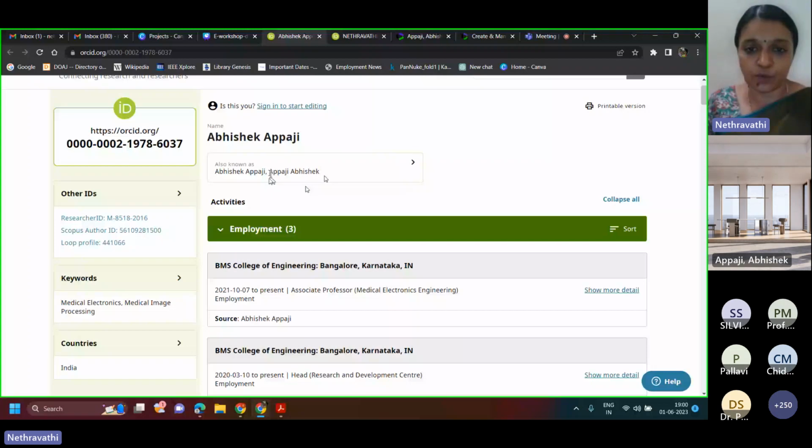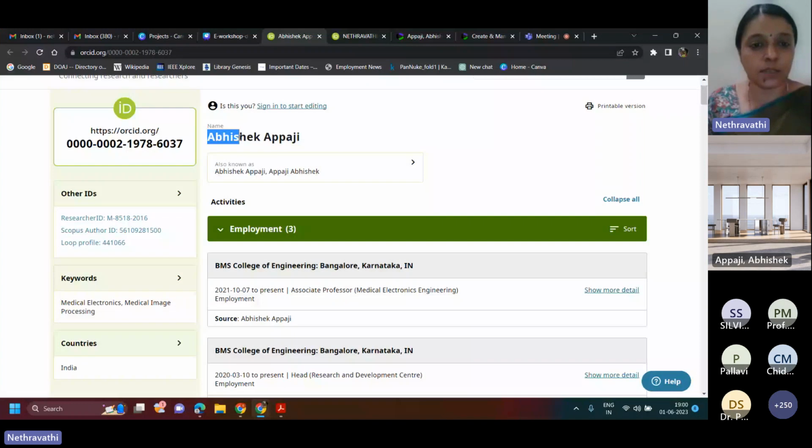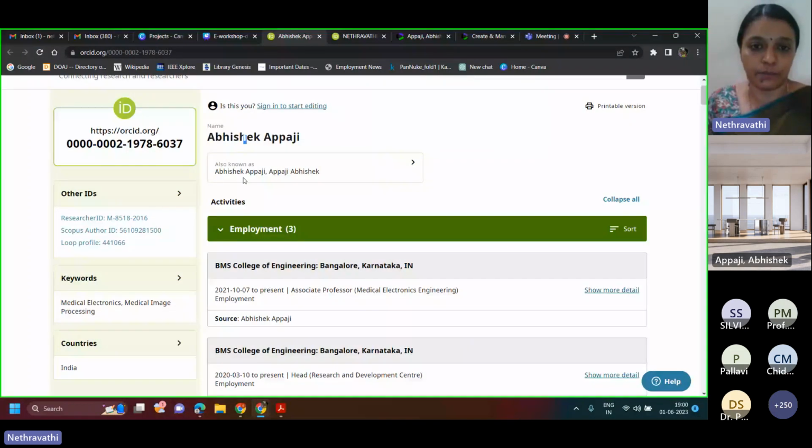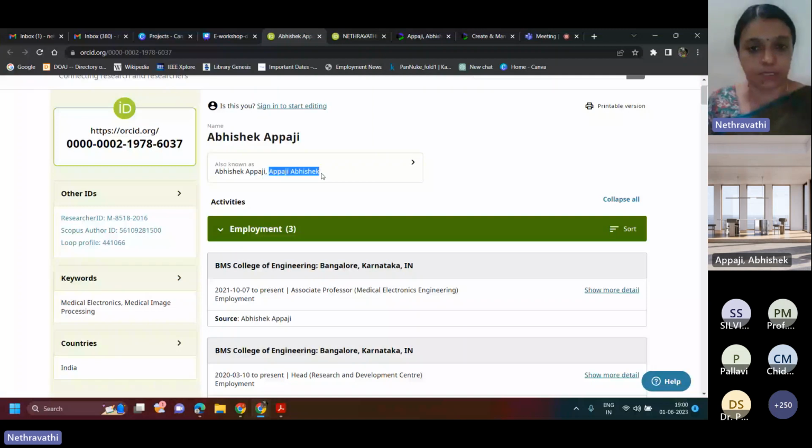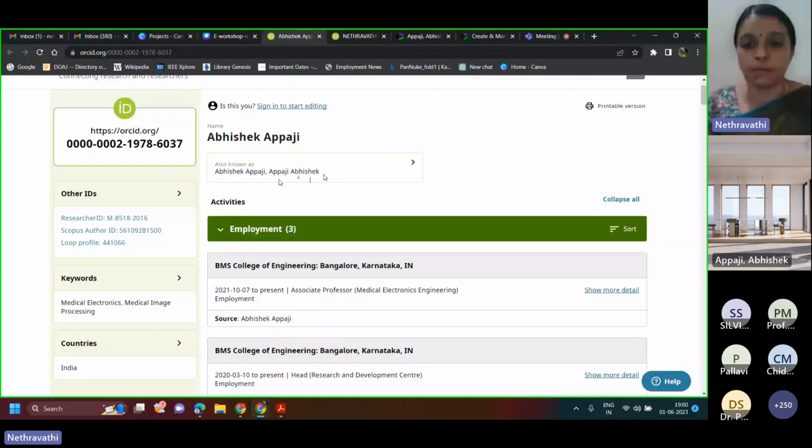You can search for an author by name and link all the different names. Of course, you know what you have published, right? So Abhishek Appaji is also known as Appaji Abhishek in a few articles, or sometimes A Abhishek or Abhishek K. All it basically tells is that they are all the same, just like how we say Deva Nobba Nama Halavu, right?